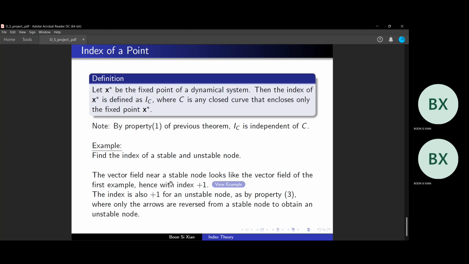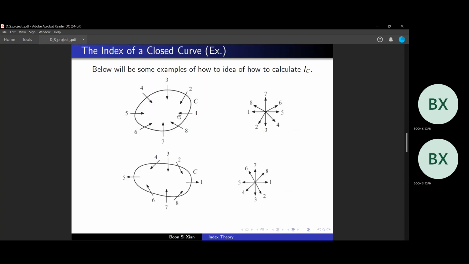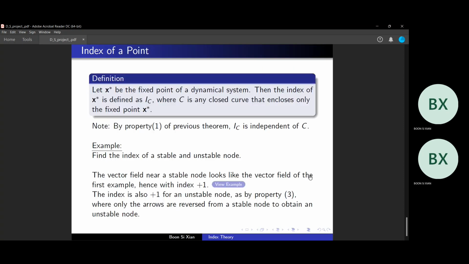Next, the index of an unstable knot. To obtain an unstable knot, we reverse the direction of the arrows of the stable knot so that they point outwards. And by property 3 we discussed just now, when only the arrows are reversed, the index is unchanged, so the index is also positive 1.